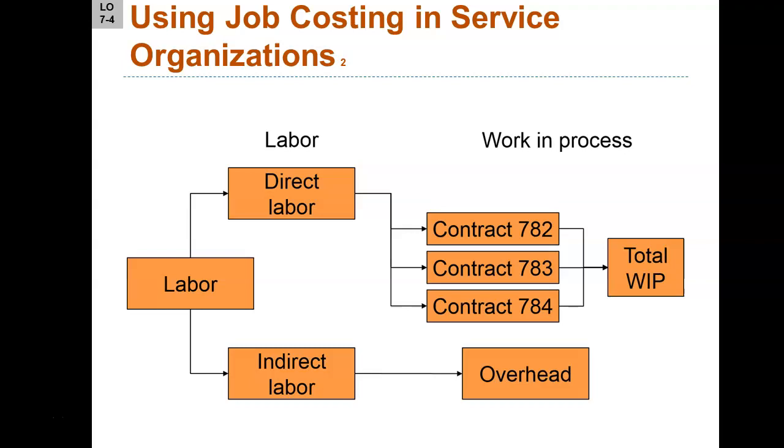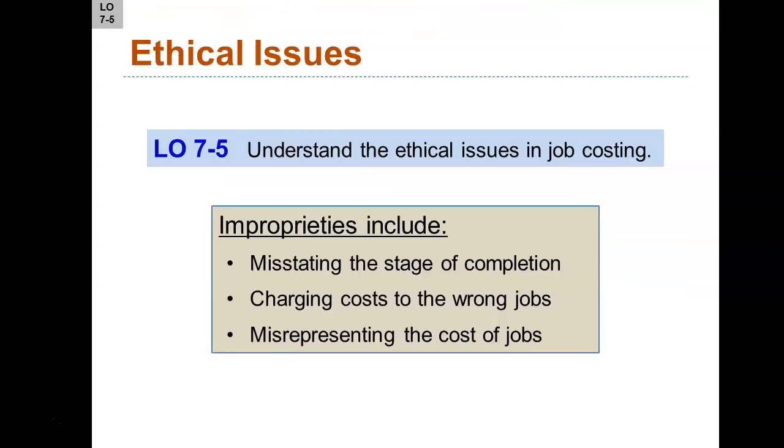I have an audit, and the job could be called client XYZ or client JKL. Each one of their clients could very well be a specific job. At the end of the day, job costing is very similar regardless of whether it's a tangible product or an intangible service.